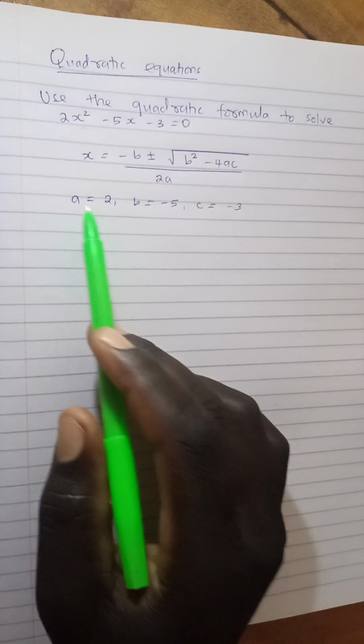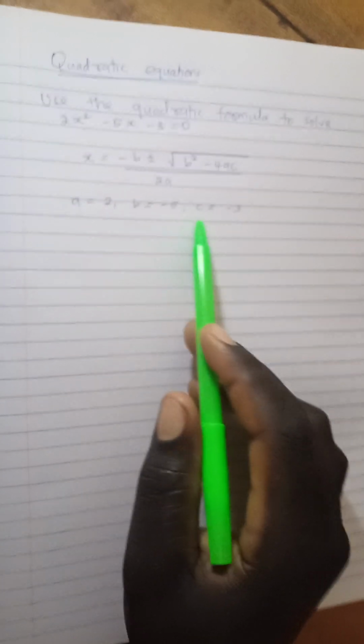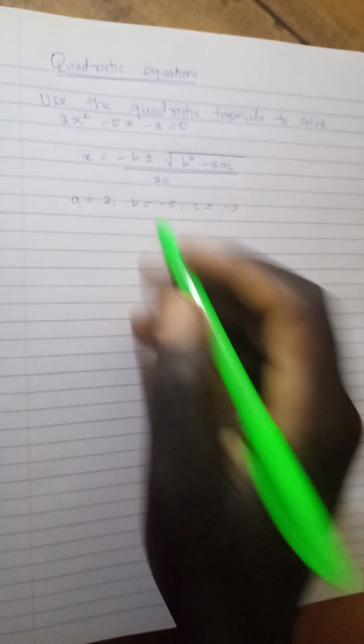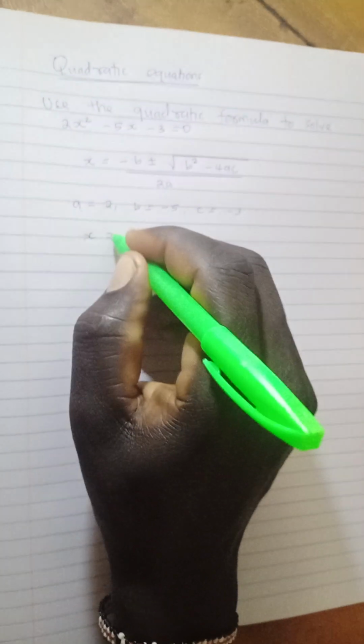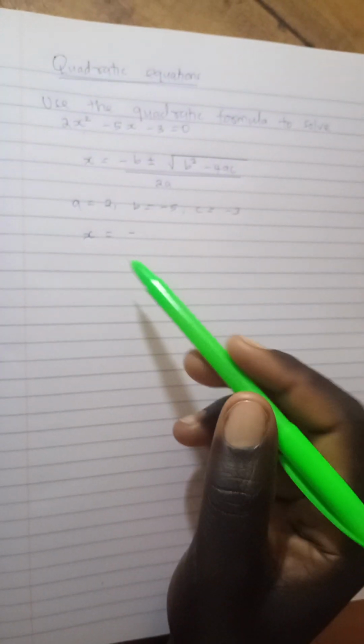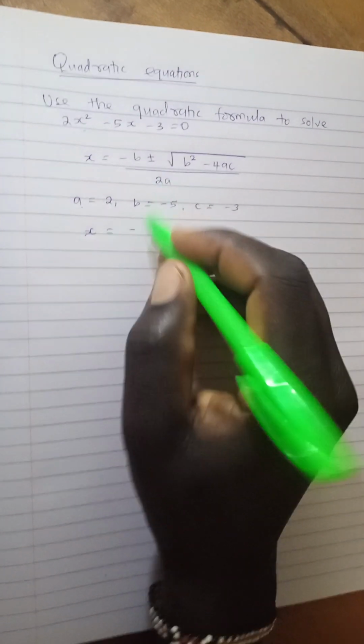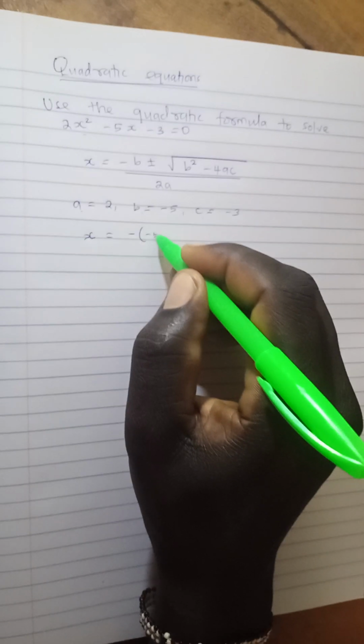Now, let us apply the value of a, the value of b, and the value of c in our quadratic formula. So we will have negative b. Our b is -5, so we will have negative into negative 5.